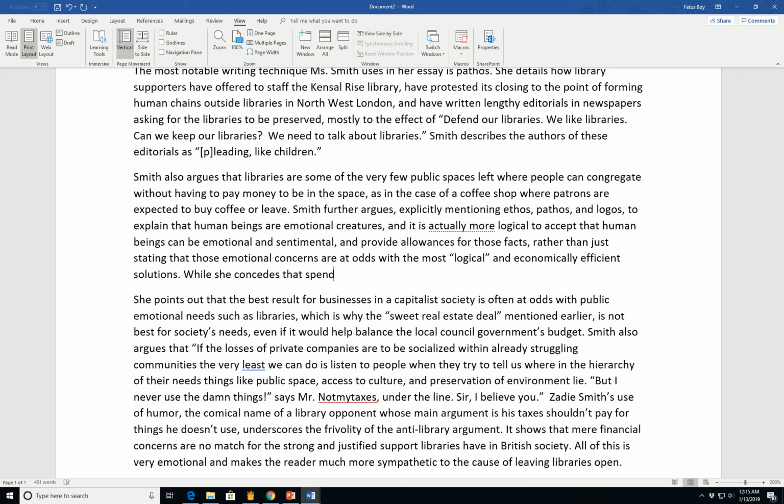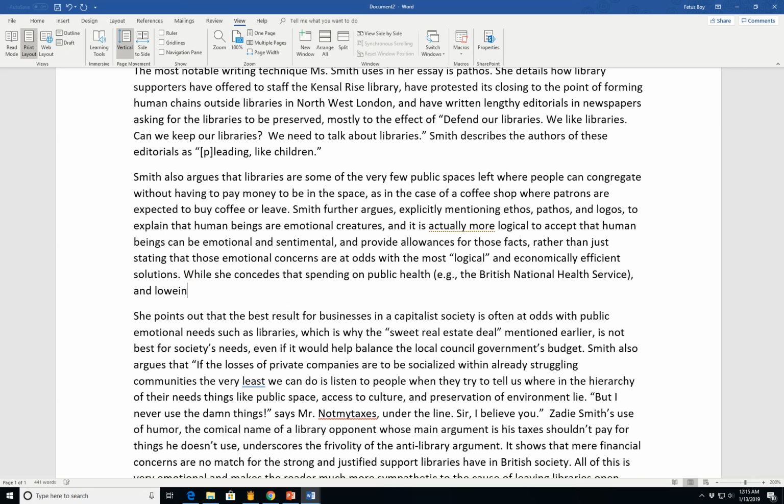Concedes that spending on public health and the British National Health Service and lowering are also worthy uses of tax money.